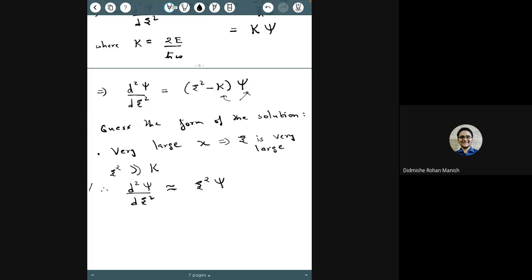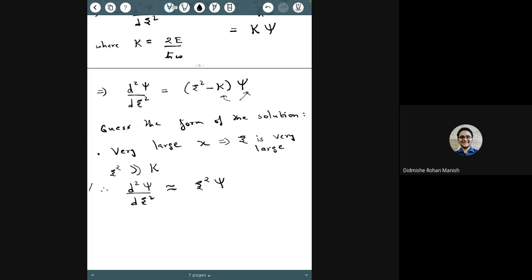So this is one more advantage of going over to a dimensionless equation, because if you have terms with different dimensions, then it becomes difficult to do these boundary arguments. But here, the whole equation is dimensionless, so you can simply compare the numerical value of terms without any problem.